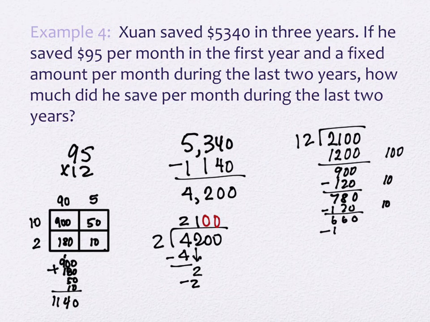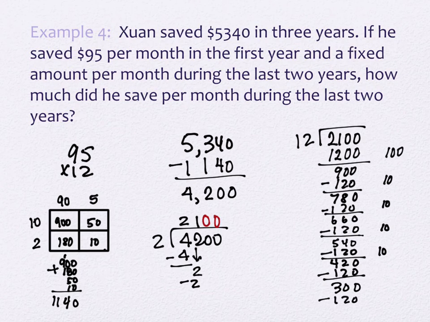660. 120 again. 540. 120 again. 420. Having fun? 120 again. I have 300. 180.